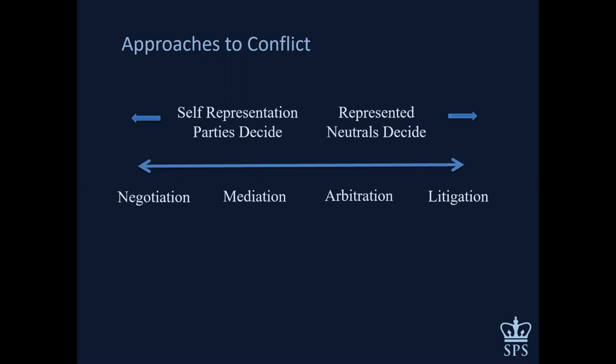Neutral meaning they're not directly involved in that particular conflict, but they're there to facilitate or guide the process along. And then, of course, to the right is less and less so. It's more removed. Labor negotiations are a different kind of negotiation. I'm going to turn it over to Michael now to talk more in depth about his experiences in labor negotiations, and we'll look at it in comparison to this continuum at some point after his presentation.